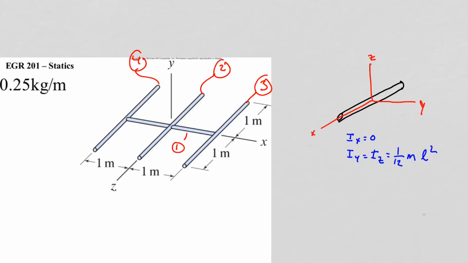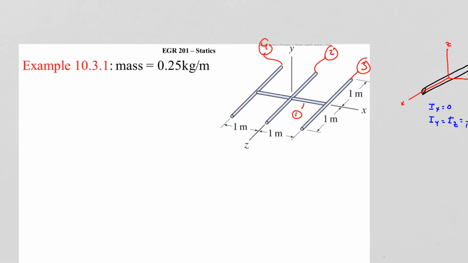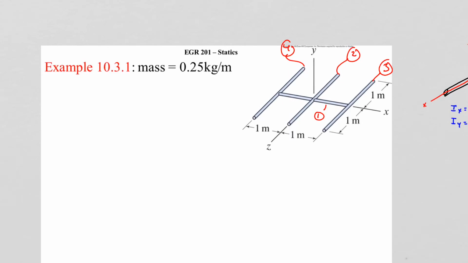So the first part is to find I sub x, the moment of inertia about the x-axis. In this case, this is our x-axis running through the first one. So what we want to do is add up each of these.